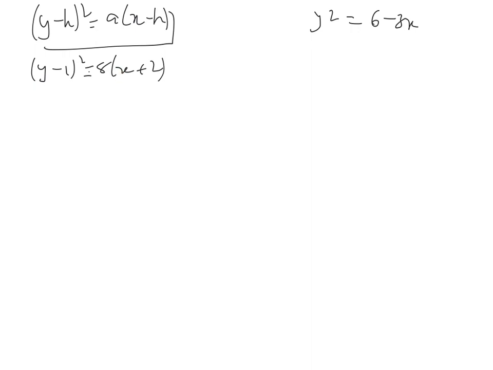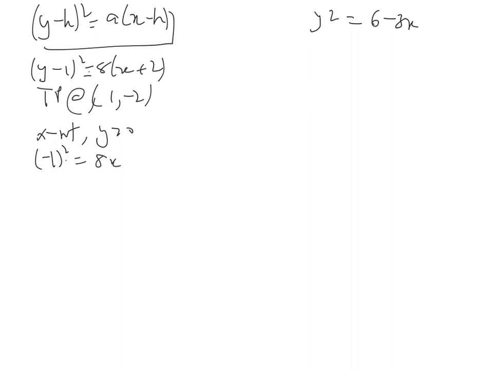So over here we're going to have a vertex or a TP, a turning point, at 1 and -2. So that's where our turning point is. So then to find our x-intercept, where y equals 0, from there we'll have (-1) squared equals 8(x plus 2).